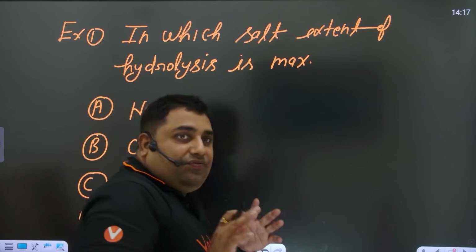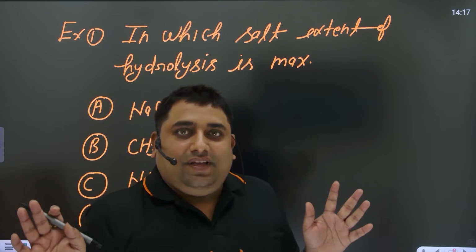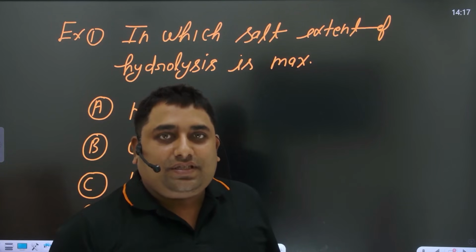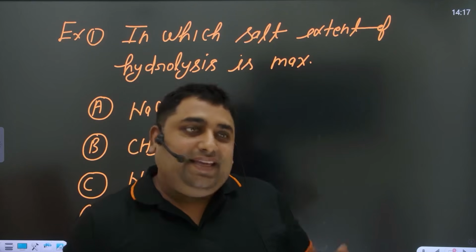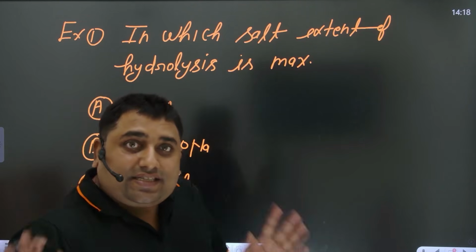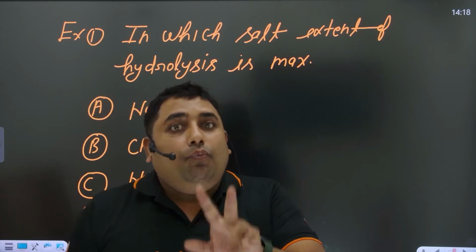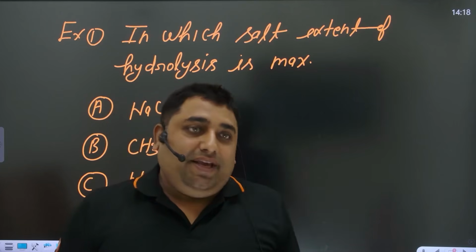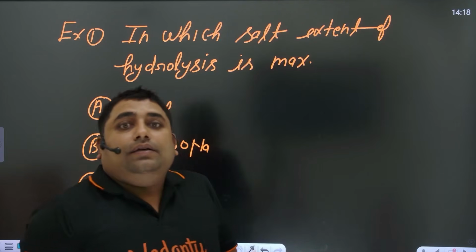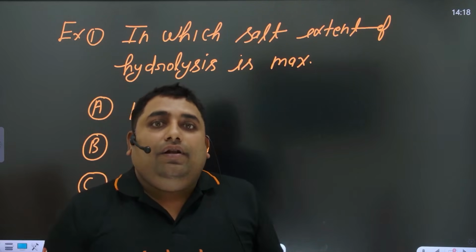So it is very easy to answer this type of question. How to check? You have to add the water in each salt and just check in which case both parts are weak, acid as well as base. In that salt, the extent of hydrolysis is maximum.